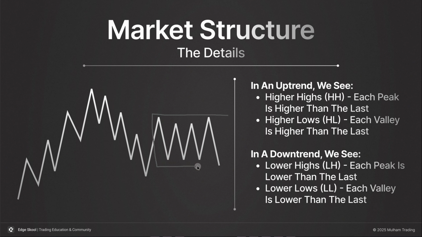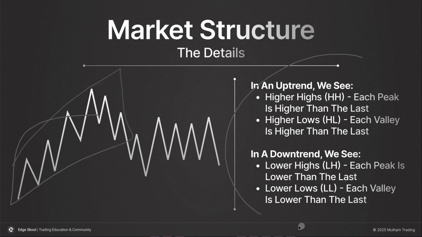It's this one here, because price has been creating highs that are almost equal and lows that are almost equal. So we're staying inside of the same range. This is a ranging market. This is a sideways, this is a downtrend, and this is an uptrend. Now, these are the details here, but logically it's very simple, and these are the details that you want to know about market structure.